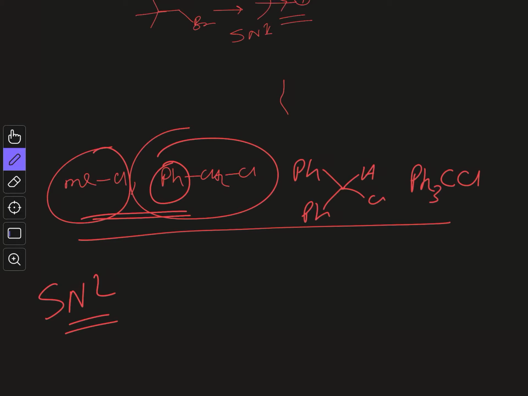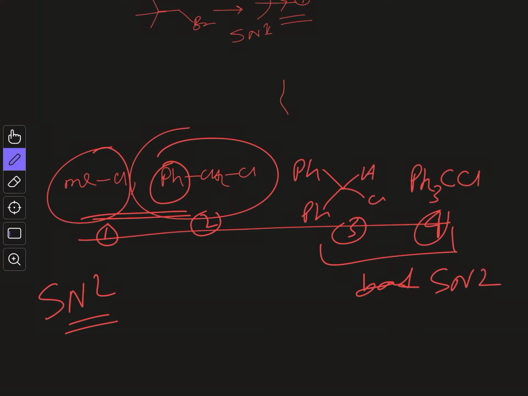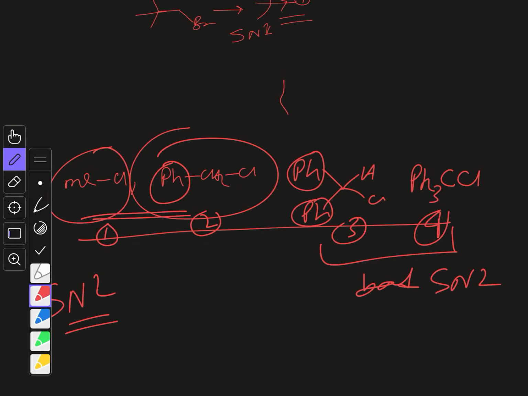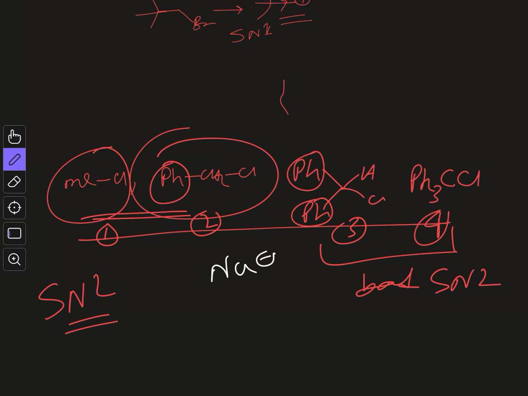But as you go to this, so this is 1, this is 2, this is 3, this is 4, as you go to 3 and 4, they are bad for SN2 reaction. Why? Because these two phenyl groups in this case, and these 3 phenyl groups, are creating steric hindrance for the attack of the nucleophile, and that's why they are bad at SN2 reaction.